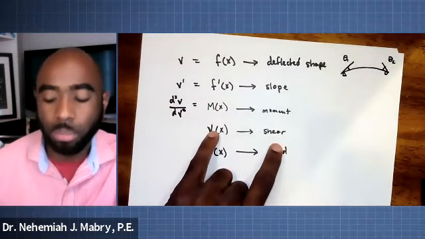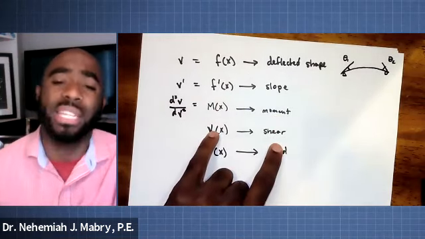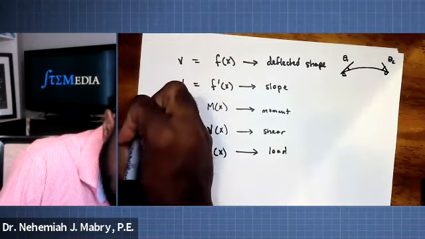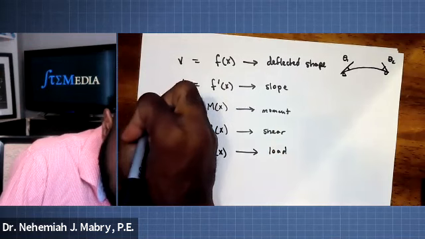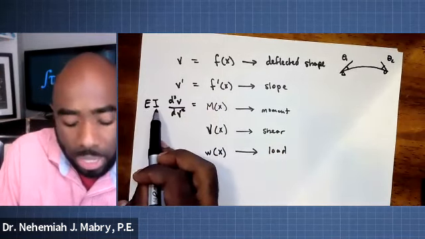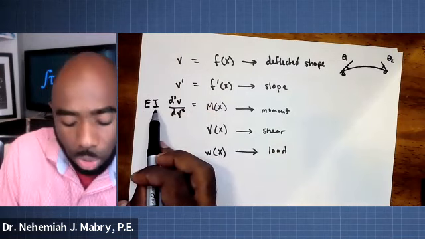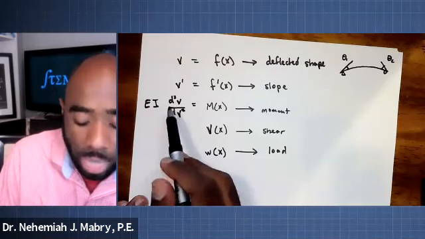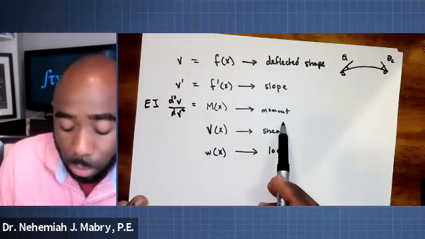Because we sometimes want to know the actual value, we multiply this second derivative by these properties, E, a material property, and I, a geometric property. So modulus of elasticity times moment of inertia times the second derivative of v is our moment.